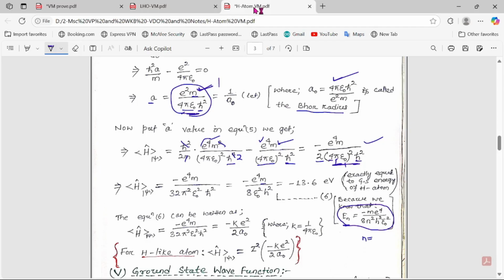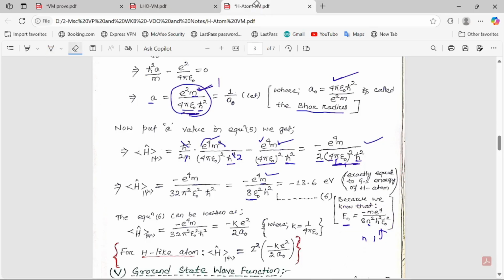If n equals 1, I substitute here, and it is minus m e to the 4 over 8 h square epsilon naught square. So it exactly matches the ground state energy of the hydrogen atom, whatever we found traditionally.